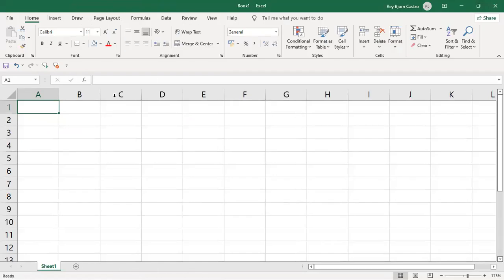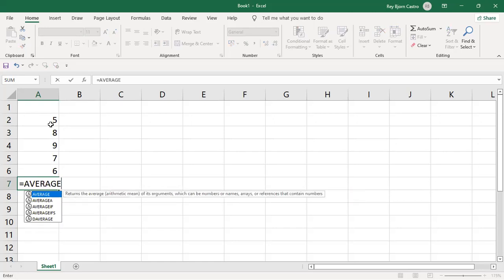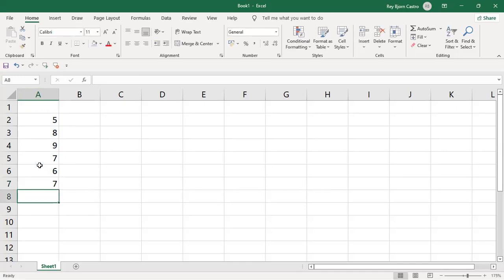Hanapin natin daw yung kanilang average. So getting the average of that, round off to the nearest whole number, and as you can see, the answer is 7. So tama si Mr. Sarigumba.